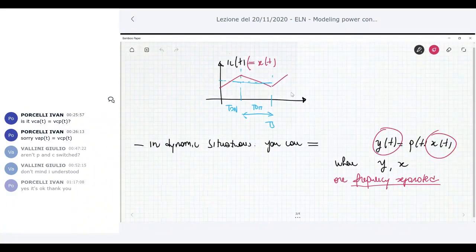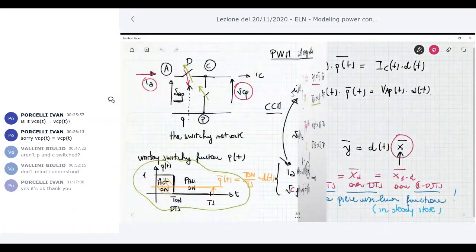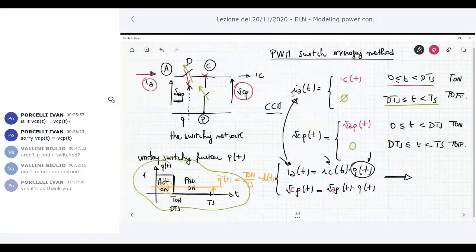Remember that in our circuit, at the node C you always have an inductor, and at the node A you always have a capacitor. So what does it mean? It means that the current IC is a smooth current in CCM. It's something that has a small undulation, a ripple. In a well-designed converter the ripple is very small, and has no steep edges.